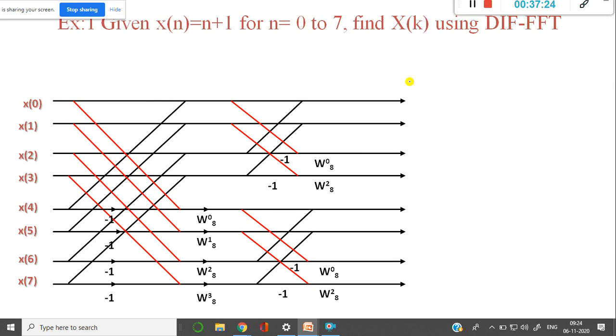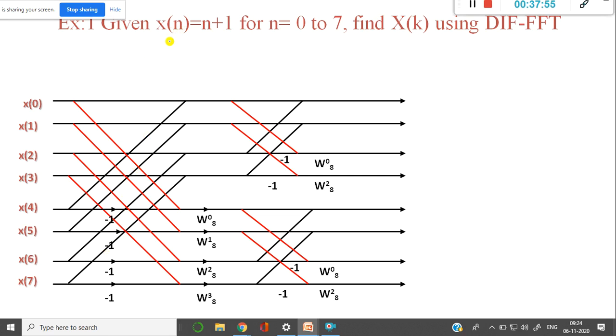In the examination, you will be asked either to derive the DIF FFT method or the DIT FFT method equations from N point down to N by 2 point DFTs, writing the derivation completely from the first stage to the last stage, or you will be asked one of these two types of problems, right?